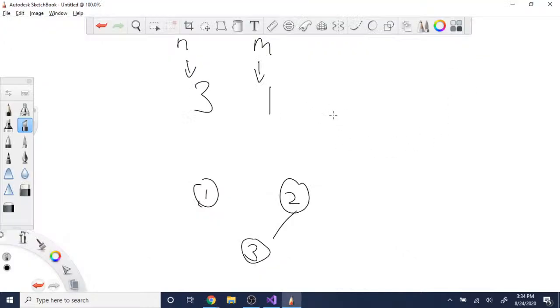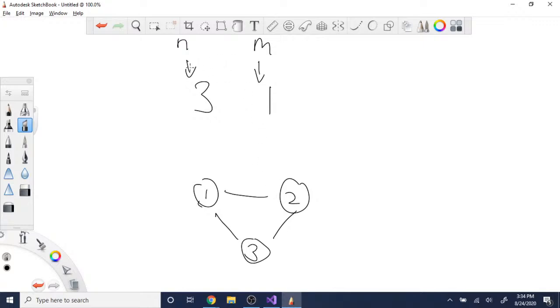So if our m value, the number of chains, is less than n minus 1... Oh, if it's less than n, right? Because we need at least 3 chains first to make sure everyone's chained, right?